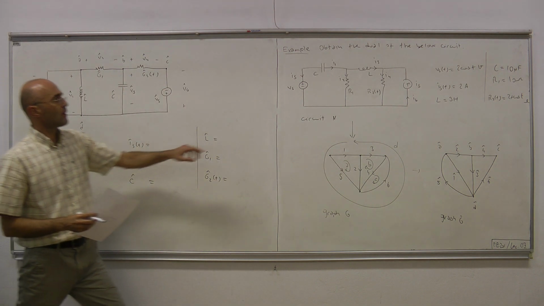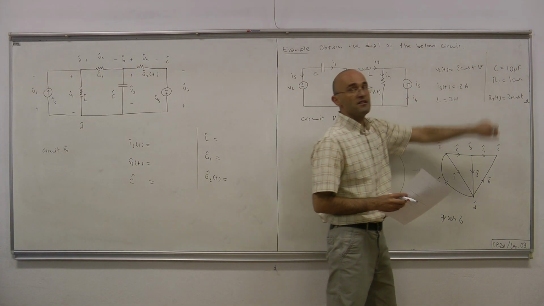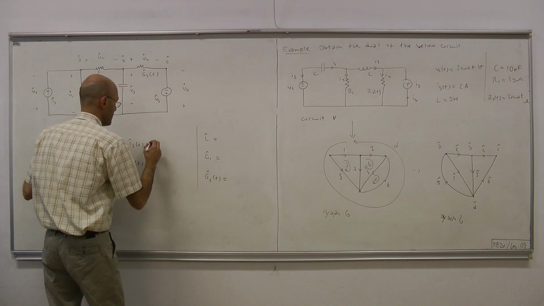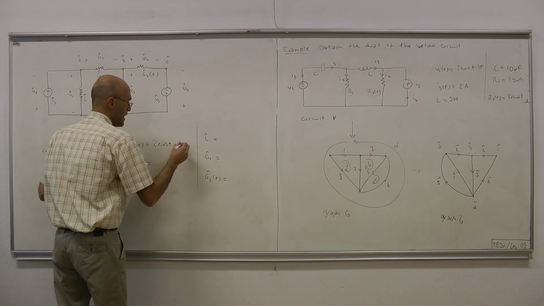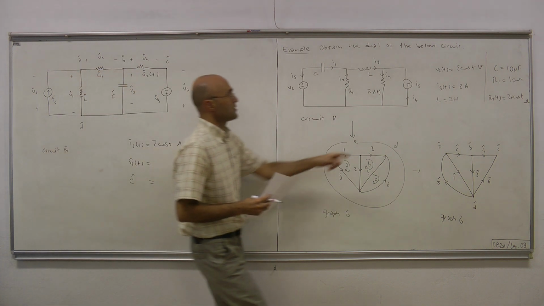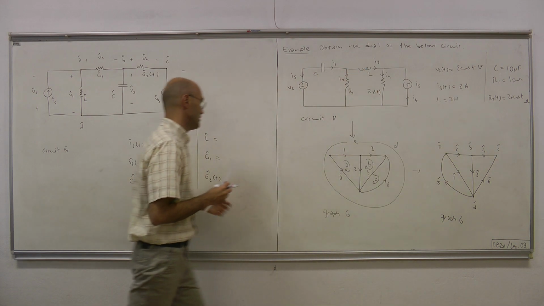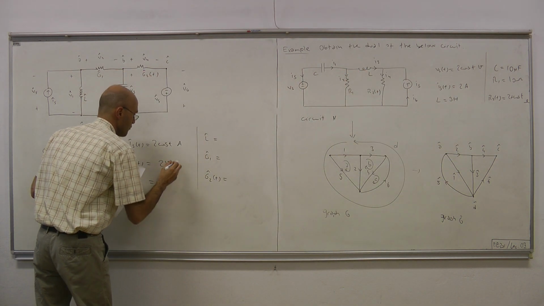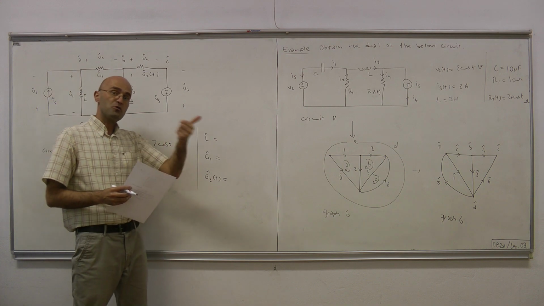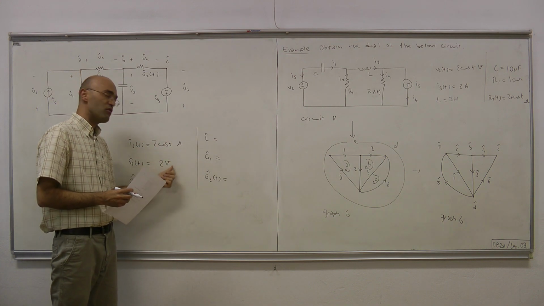Okay? This is 2 cosine T volts, therefore we have 2 cosine T amps. This is 2 amps here; in the dual circuit, it's 2 volts, okay? Swapping voltages with currents means swapping amps with volts.